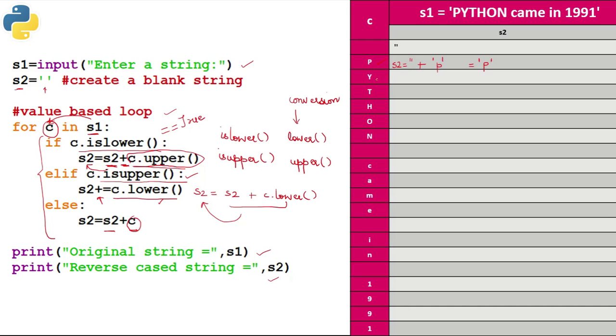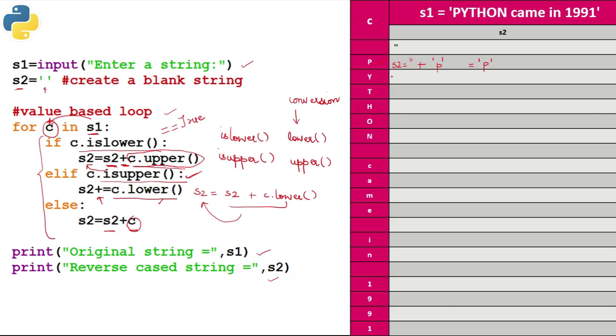Similarly, when y is fetched as the next character in the next iteration, because islower is false, Python will move to the next elif block, and isupper is true, so S2 will get whatever was there in S2, which was already small p, so small p plus small y, c.lower().